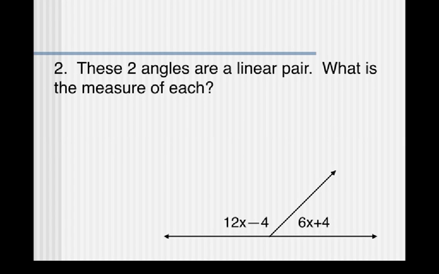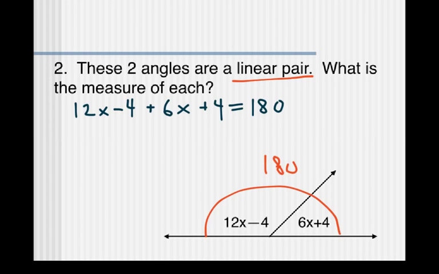They tell you that these two angles form a linear pair. So that means they have to be supplementary and add up to 180 degrees. After you set up your equation, you want to identify like terms that are already on the same side of the equal sign, like the 12x and the 6x, and the negative 4 and the positive 4 here.